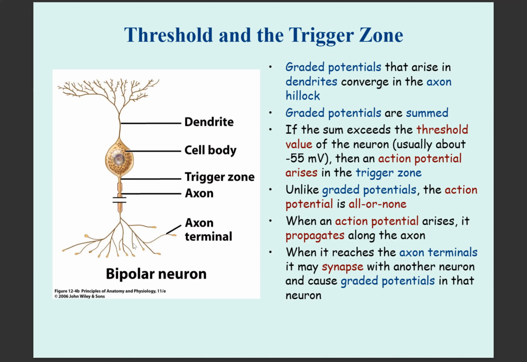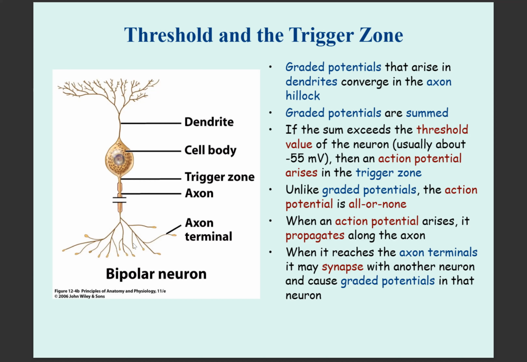So when an action potential arises, it propagates along the axon, and when it reaches the axon terminal, it may synapse with another neuron, which could be the postsynaptic neuron, the postganglionic neuron, and could cause another graded potential in that neuron.